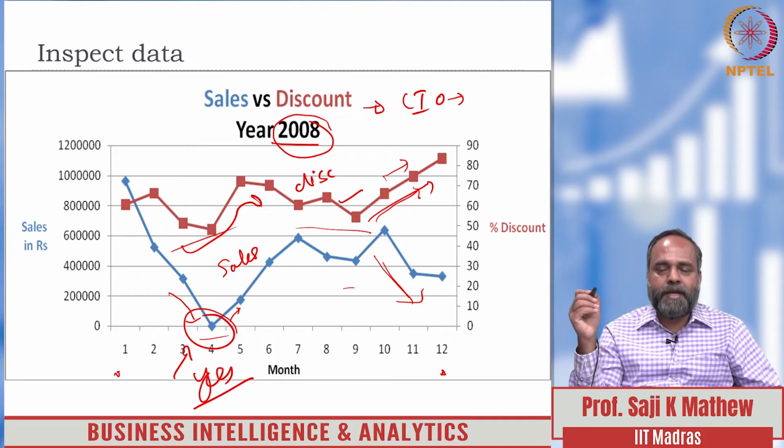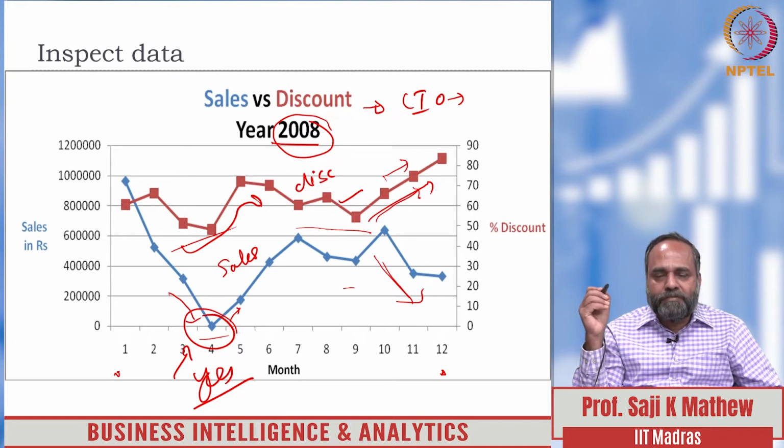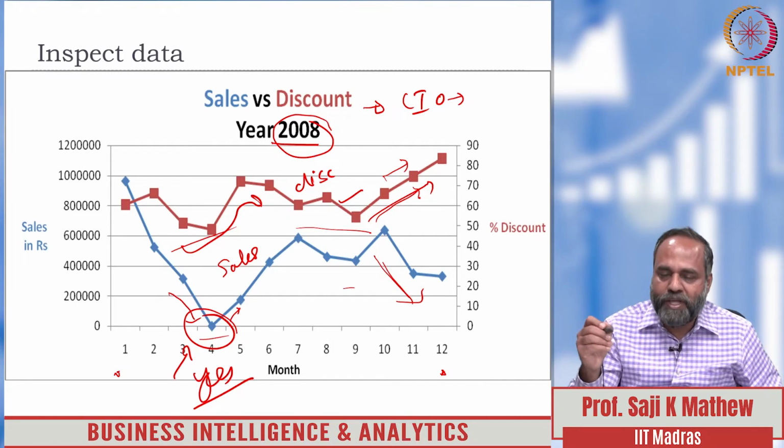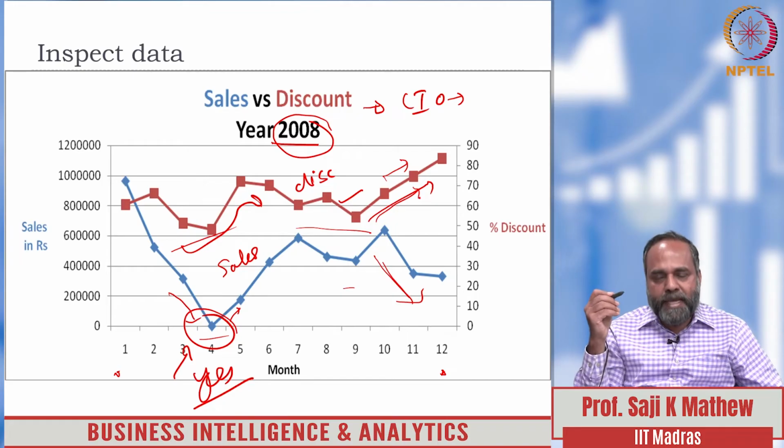At the end of the day, the POS, the point of sale systems, transfer data to the data center as a batch process every day. So it doesn't transfer in real time. And for 1 month there was a technical snag because of which data was not transferred to the database.